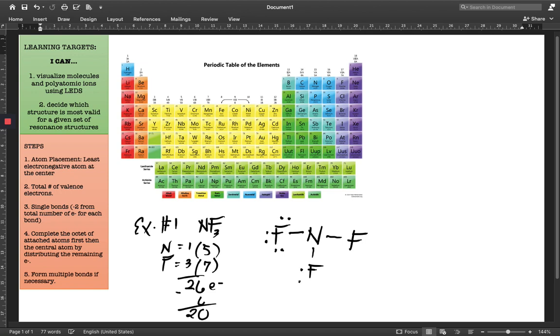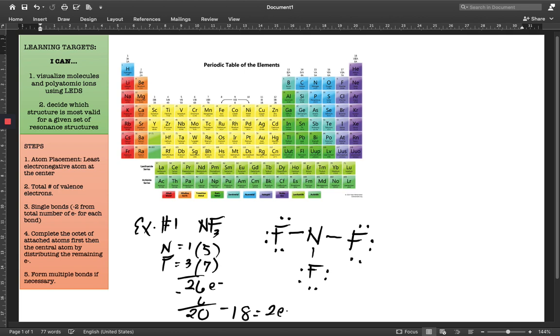So this is 20 minus 6 times 3, since you used up 6 valence electrons for each fluorine atom, and there are 3 fluorine atoms, so that is 18. You'll have a remaining of 2 electrons.